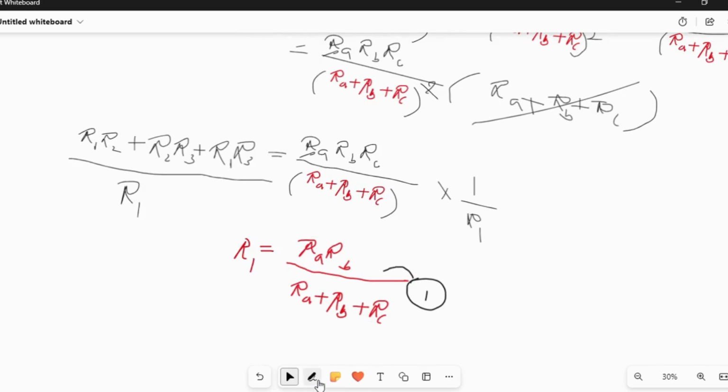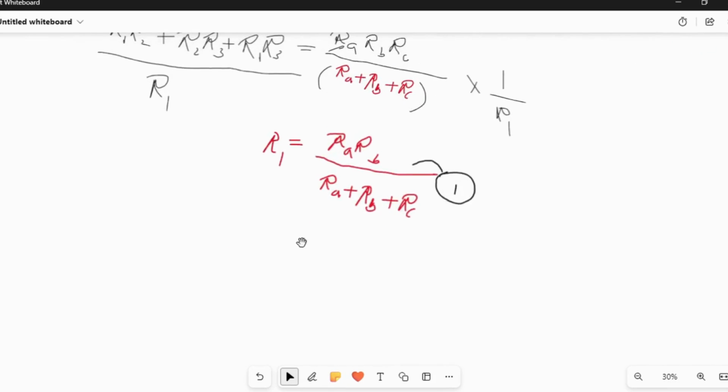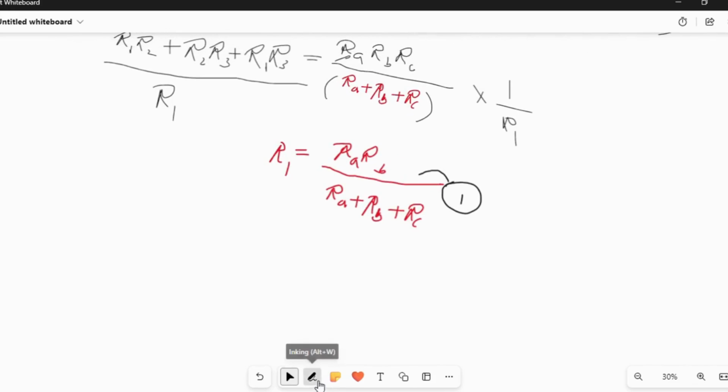Then the output will be, so I'm not going to substitute here because I want to keep R1 here, and instead I will substitute R1 here. So now I will copy these things.